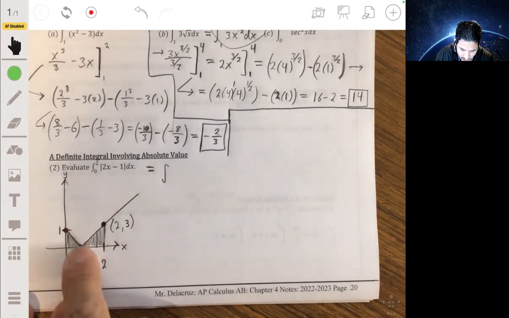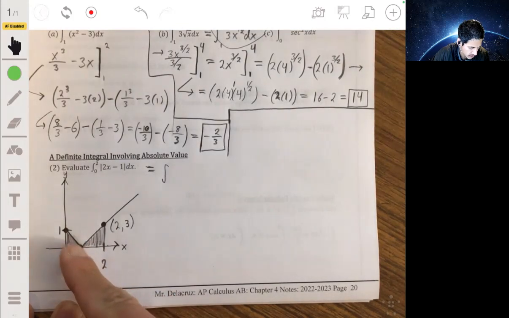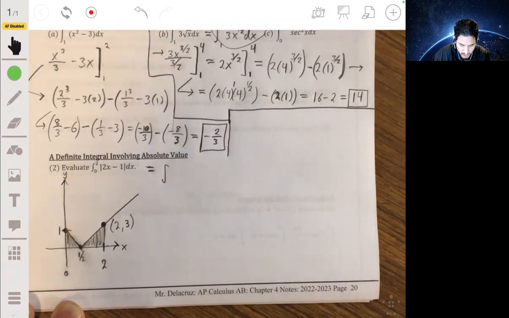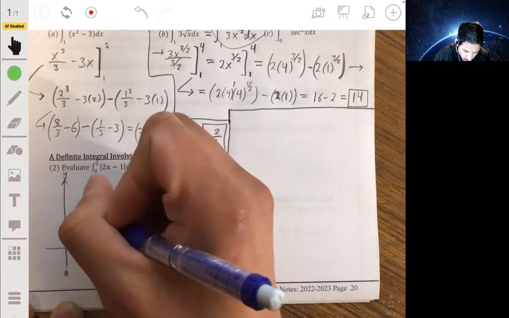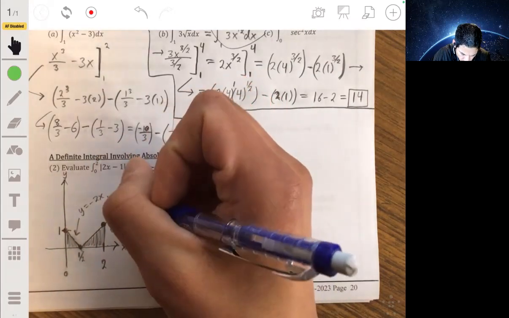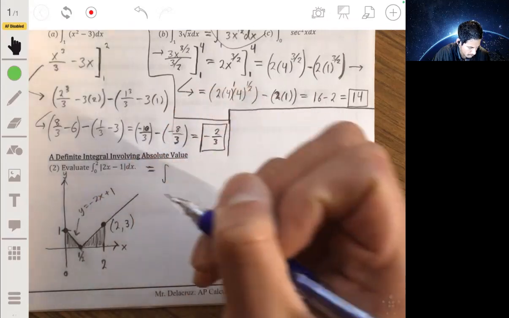So on this side of the area, this line is essentially going down 1 and over 1/2. So it has a slope of -2. And so this line here is just y equals negative 2x plus 1.